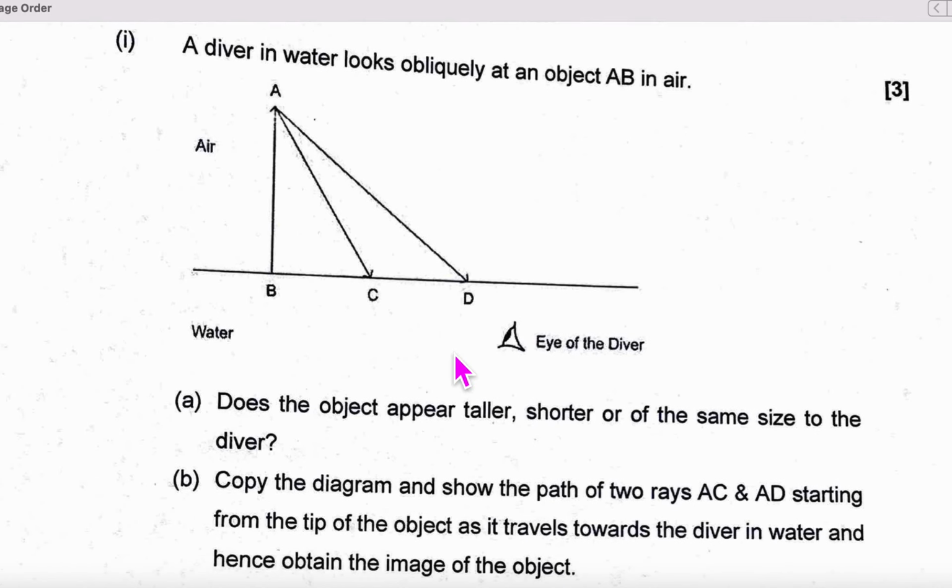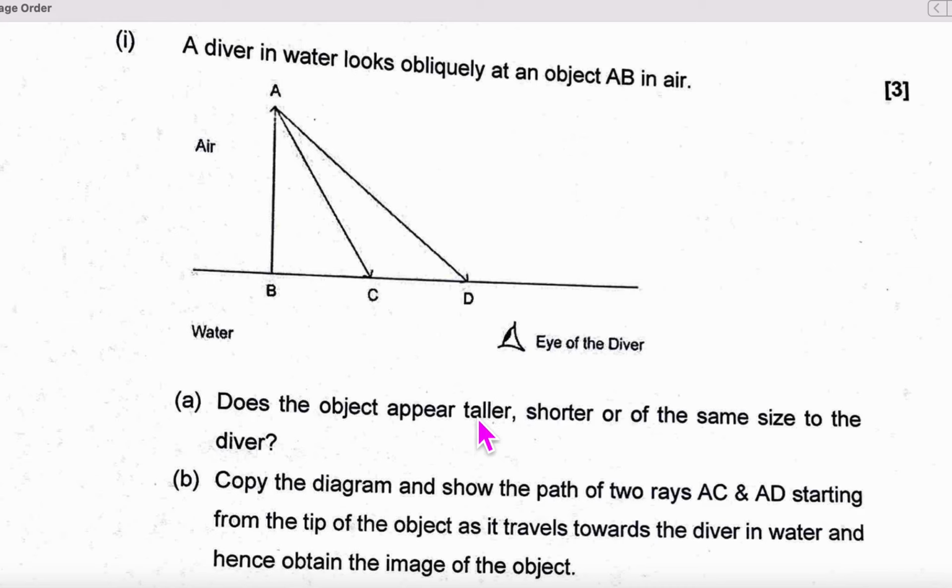Now see, a diver in the water looks obliquely at the object. Does the object appear taller or shorter? Remember, in the denser medium, the fish comes closer, the bottom of the tank appears to be up, the tank looks shallower.